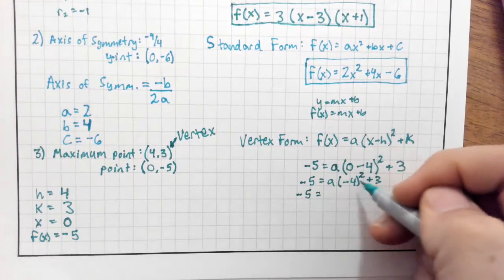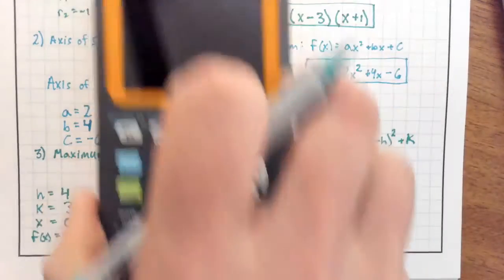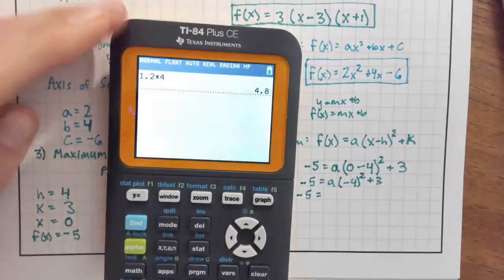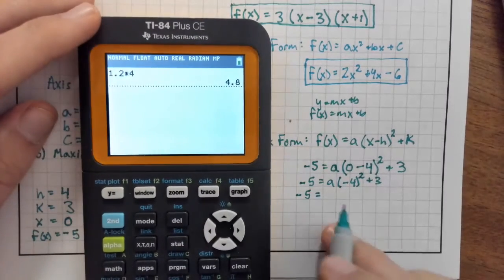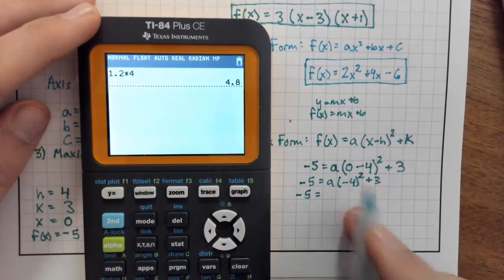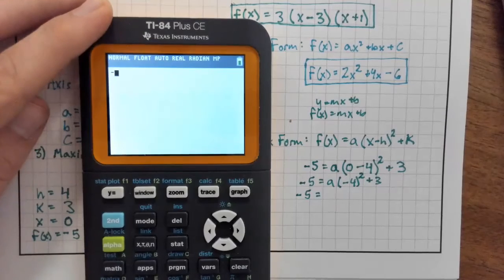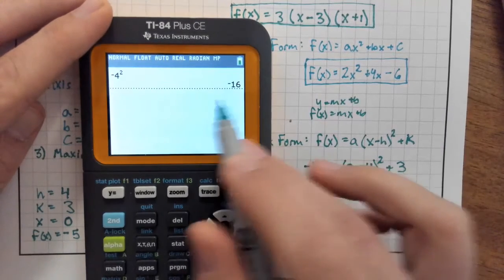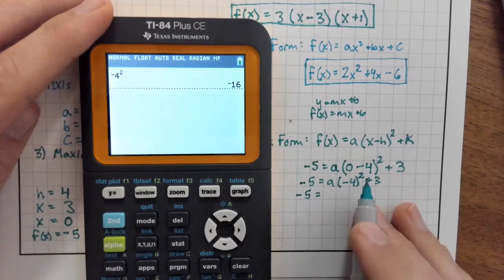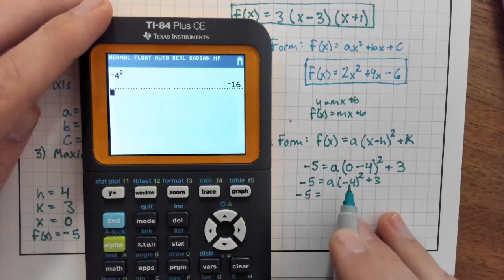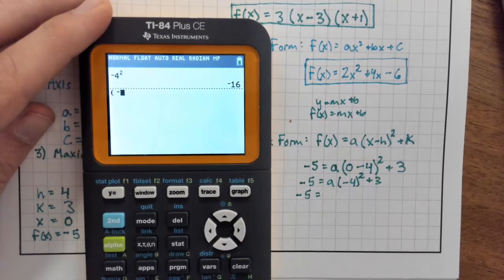Be careful with this. On a calculator, if you type in -4 squared like this, it gives you a negative value. That's not true. We have (-4) squared. This is -4 times -4. So how you do that on a calculator is to make sure that's in parentheses.